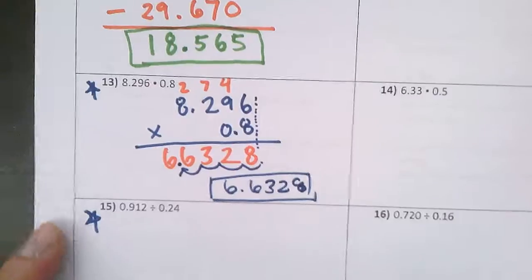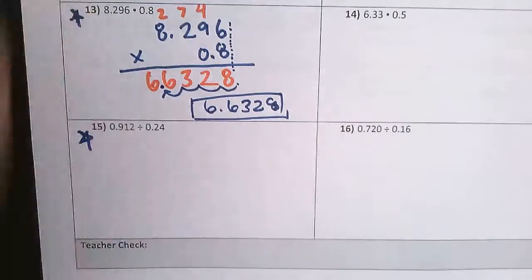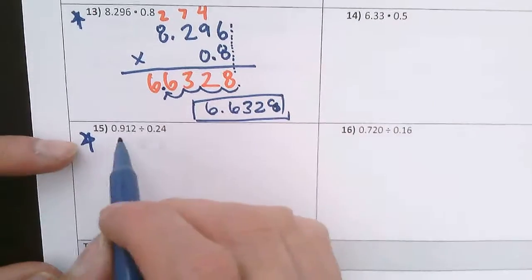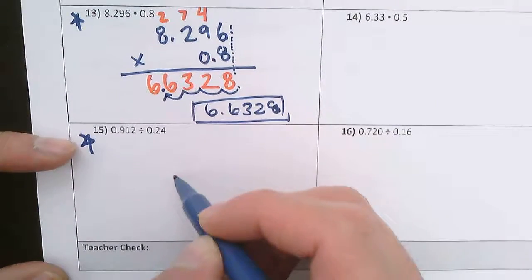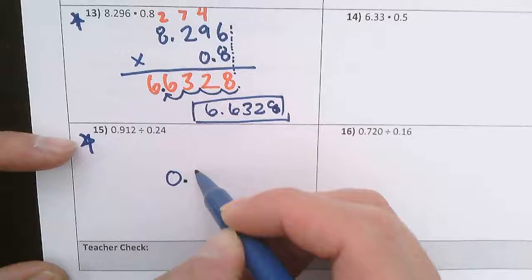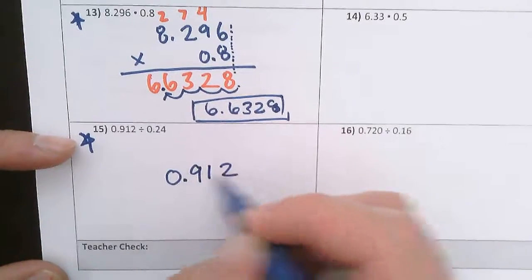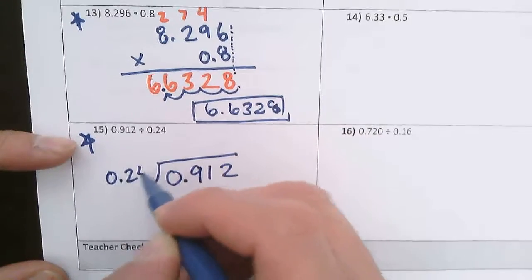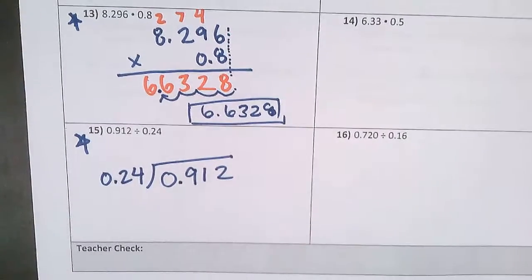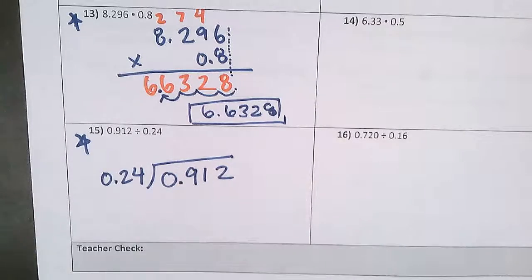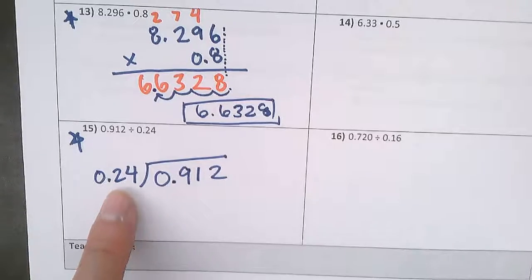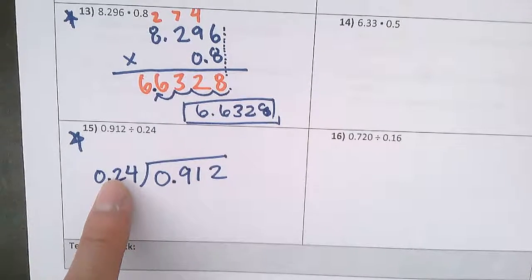Okay, number 15. 0.912 divided by 0.24. Set up my long division like I would normally. 0.912 divided by 0.24. Now when you're dividing by decimals, on the number outside that you're dividing by, count how many numbers are after the decimal.